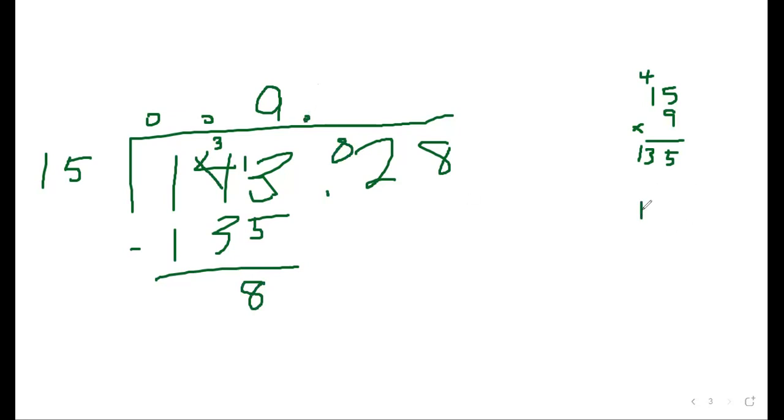So let's try 15 times 7. 5 times 7 is 35. Carry 3, that is 10. It's too much. So I think I will try 5. That is 75.